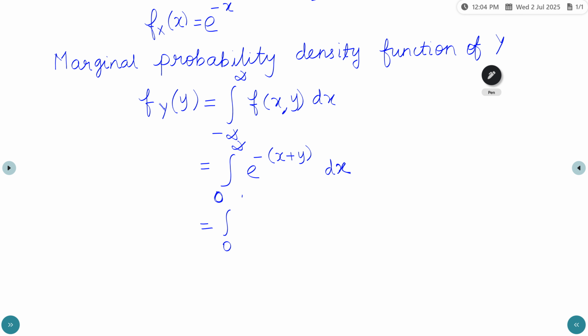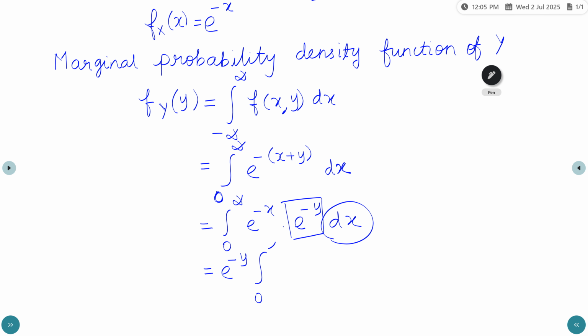So the integral from 0 to infinity of e power minus x into e power minus y dx. The next step, integration with respect to x, so we can take the e power minus y term outside. The remaining is the integral over 0 to infinity of e power minus x dx.